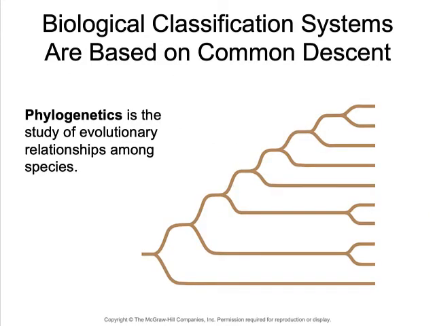So in this class, we want to understand how biologists classify organisms based upon their common descent, which is to say based upon their shared common ancestry. And the fancy word for this is phylogenetics. It's the study of evolutionary relationships among species.